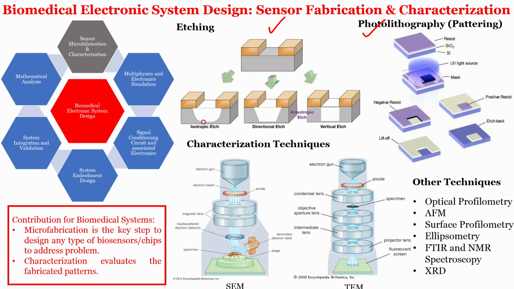Techniques like SEM help us understand the morphology of the material and the design. SEM can be SEM or FESEM, which is field emission SEM, depending on the structure you want to see, which we are not able to see in an optical microscope.